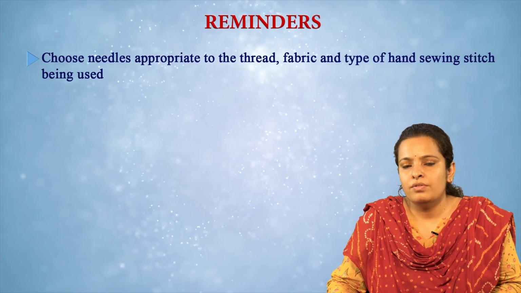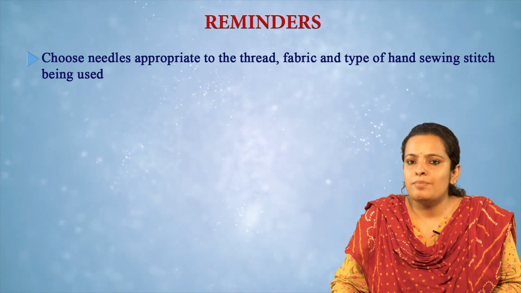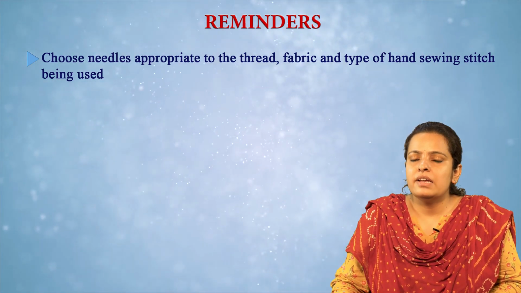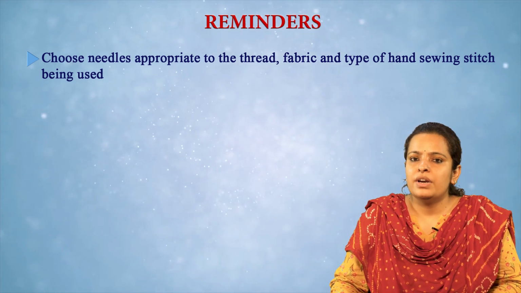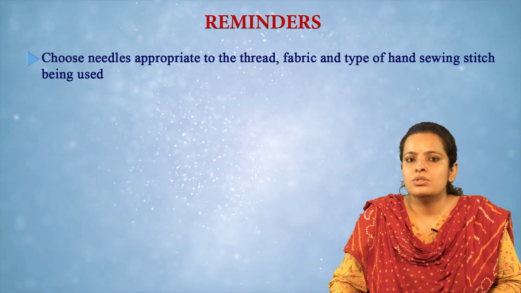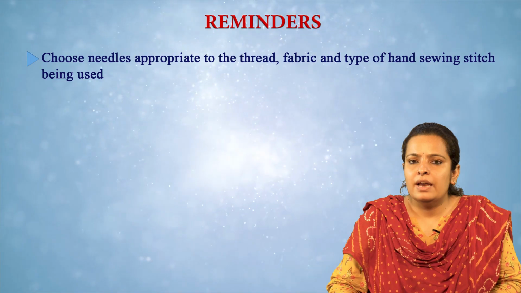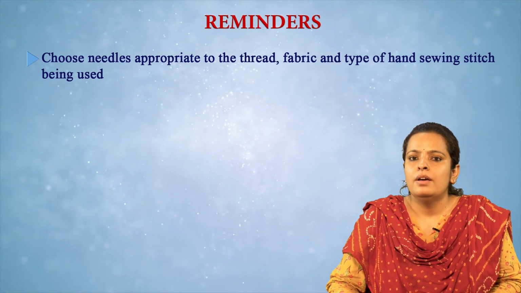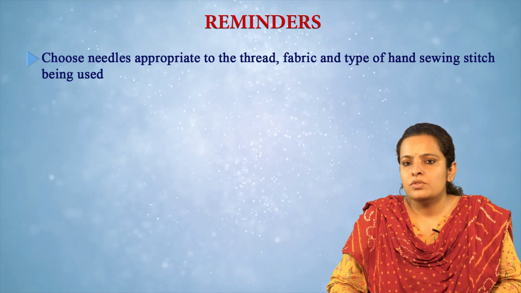For doing embroidery on the fabric we need different needles and thread than for the basting stitch. So it is very important to know which needle and thread are appropriate for your fabric.